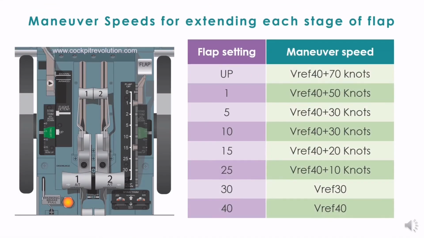These are the manoeuvring airspeeds for each stage of flap. This example is for a Boeing 737-800. Pilots can select flaps in stages as shown here.